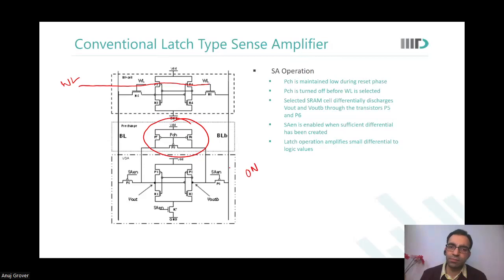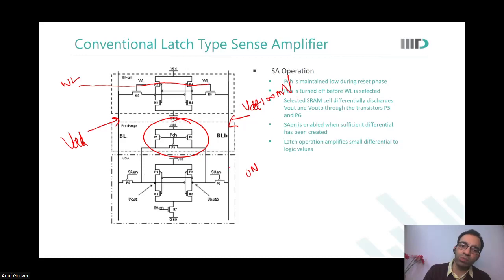Because bitline and bitline bar will be at some voltage and I want them to write on these internal nodes. If that's 1, then I can't write them directly. In fact, if I turn on my sense amplifier enable, the intermediate nodes would reverse drive into my BL and bitline bar, right? Why, if they are precharged to 1? In the read operation, bitline, let us say, is at VDD and bitline bar is at VDD minus 100 millivolts. Yes, sir.